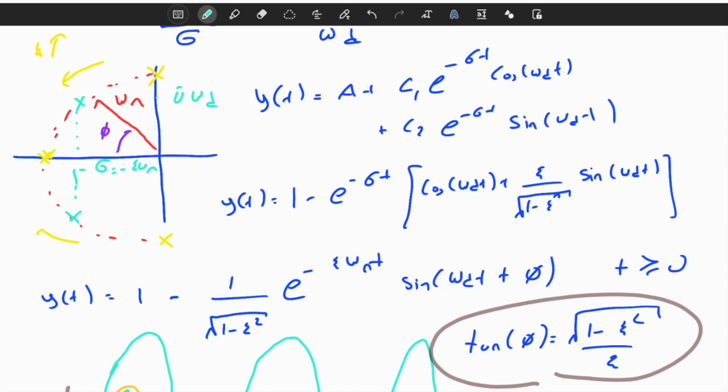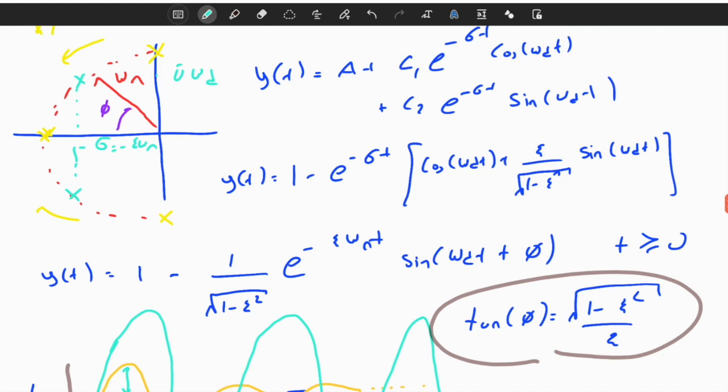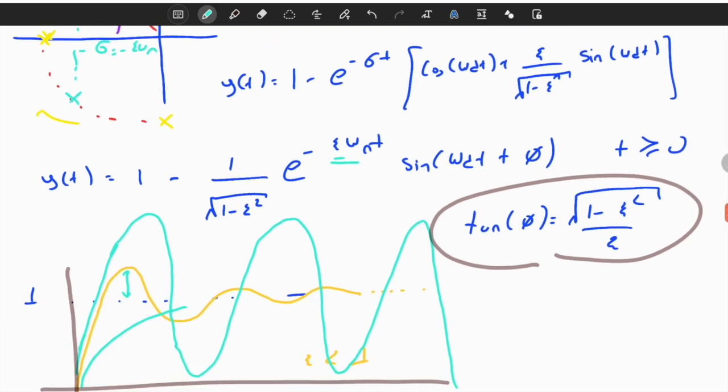Another important thing is that if I increase my damping, I will move in this direction, and my real part will move away from the imaginary axis, which means that it will have a faster response. So it will approach its steady value in a faster fashion. So increasing damping in the underdamped region is a good thing.